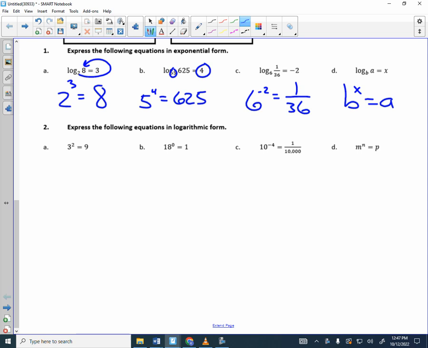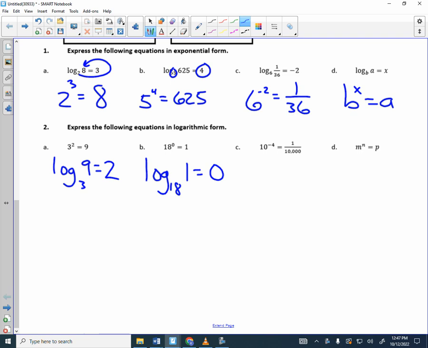Now let's take these and write these in logarithmic form. Log base of equals 2. Here we have log base 18 of 1 equals 0.